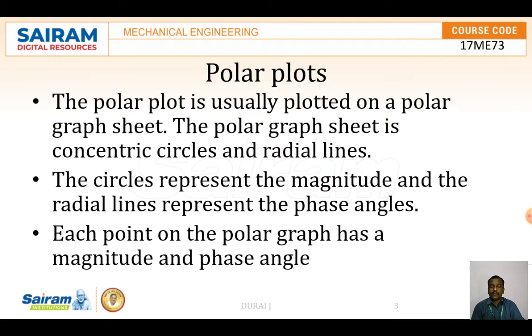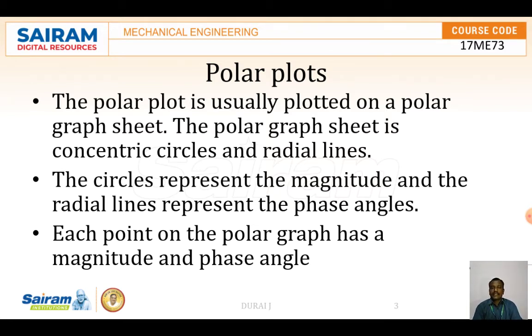Like this polar graph sheet. Normally it will be like the graph sheet, circles have to be made, and also some radial lines, or angled lines, will be provided over here. So there you are going to draw the polar plots.